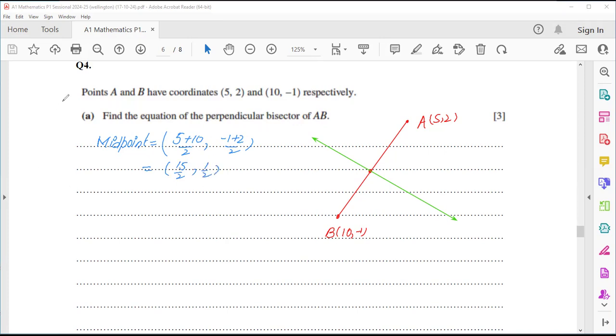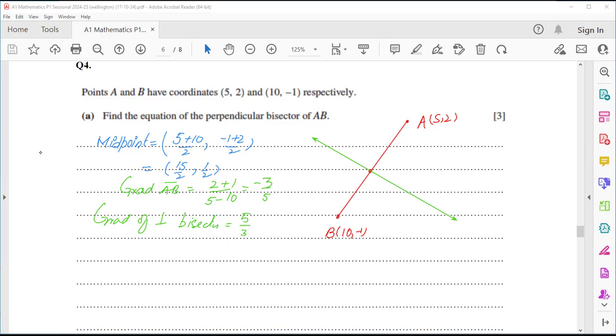Now I have to find the gradient of AB, with a different color, suppose green. The gradient of AB is equal to (y2 − y1)/(x2 − x1), that becomes −3/5, and the gradient of the perpendicular bisector becomes 5/3 if I'm not wrong.